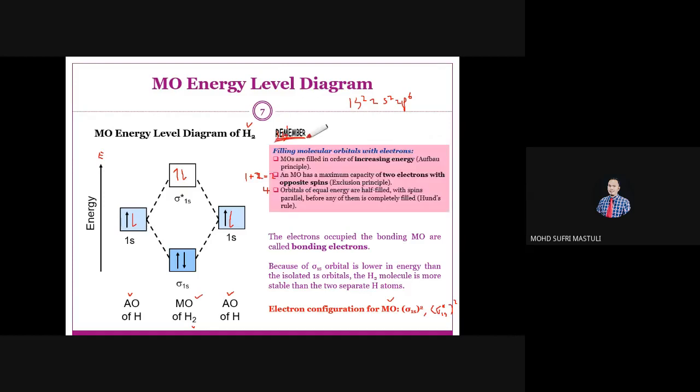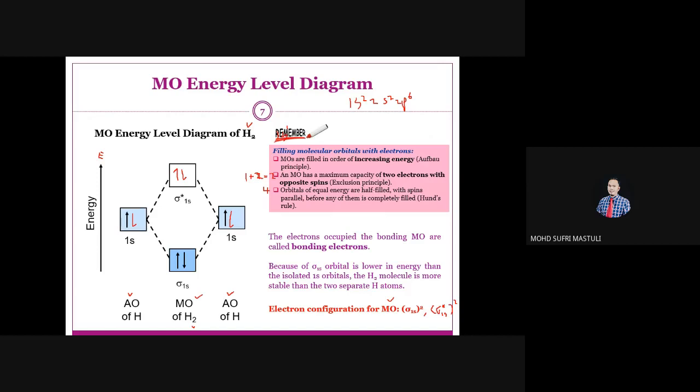Okay. So the information in the pink box is the description of the principles: how do we fill in the electrons? The molecular orbitals are filled in order of increasing energy.